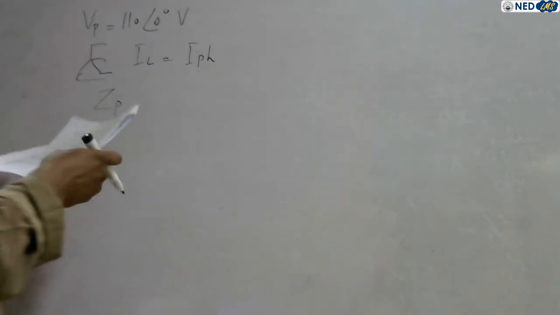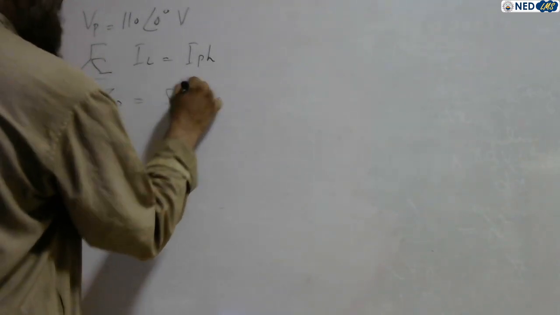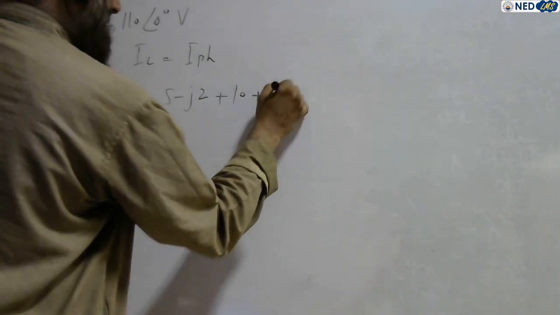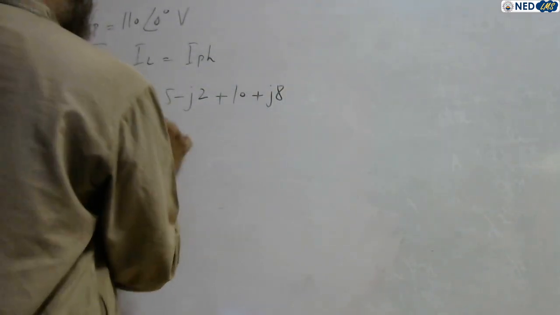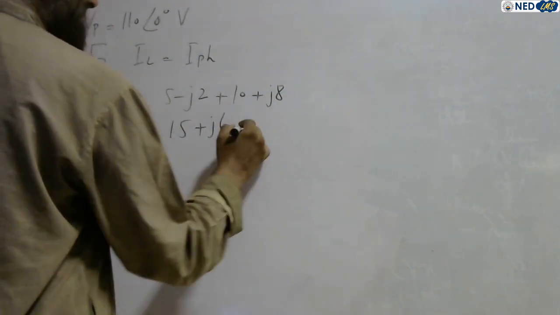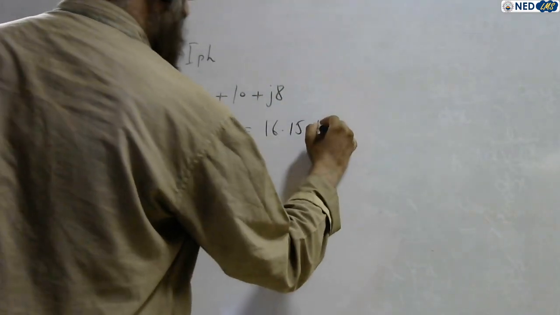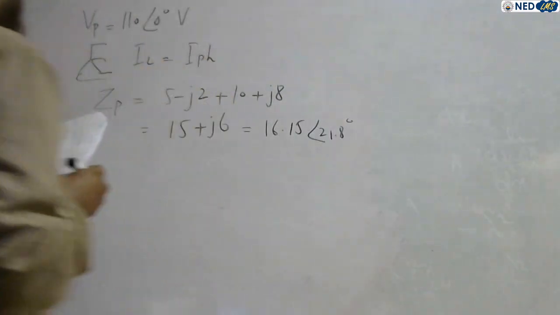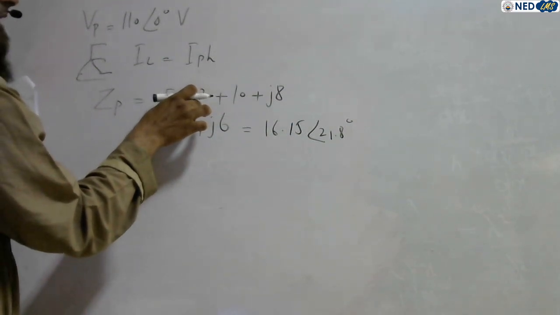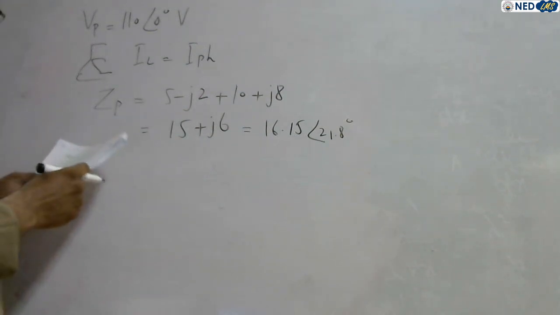You need to sum the line impedance 5 minus j2 ohms plus the load impedance 10 plus j8 ohms. It comes out to be 15 plus j6 ohms. When you convert it into phasor form, it comes out to be 16.15∠21.8 degrees. So this is Z phase, the sum of line impedance and load impedance, the total impedance.